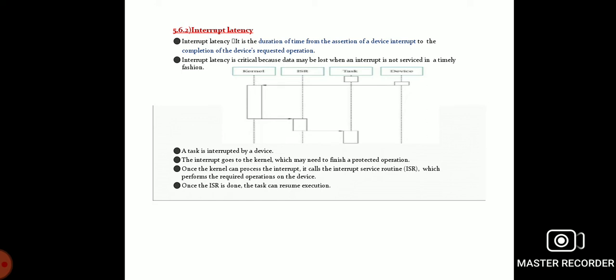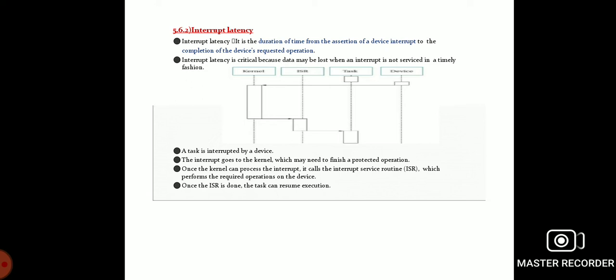Several factors in both hardware and software affect the interrupt latency. How do they affect it? The interrupt latency depends on the data being sent or received between the CPU and the device. The execution time of the interrupt handler must be considered, and also the delay due to real-time operating system scheduling.